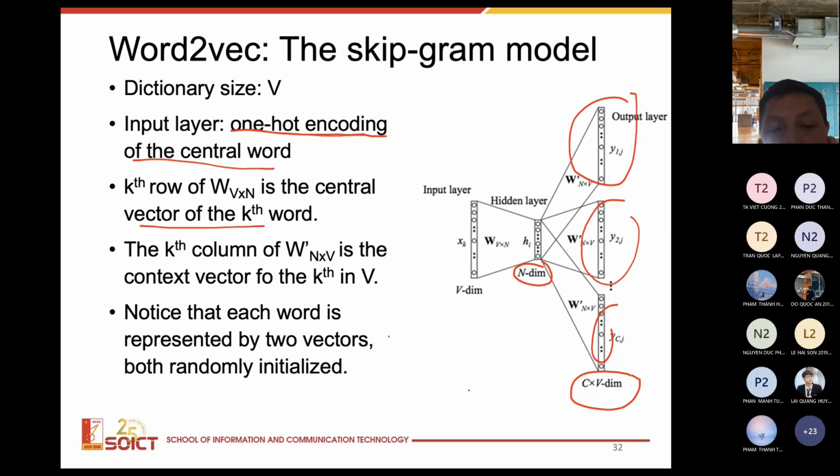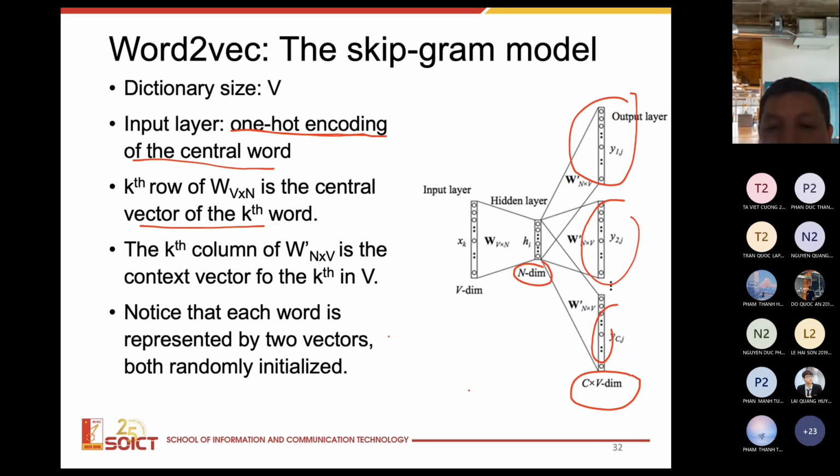Note that for every word we have two corresponding vectors, both of them randomly initialized. The word vectors we want to learn are the matrices W and W prime.